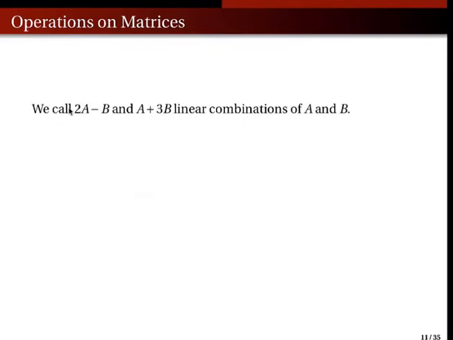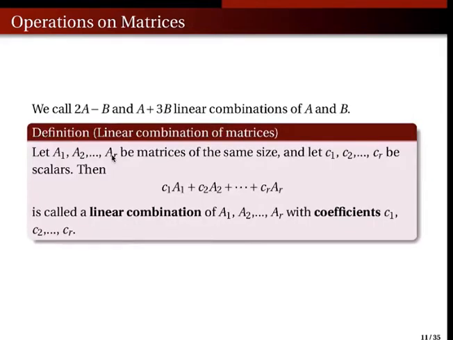Next, we call 2a minus b and a plus 3b linear combinations of a and b. And in general, we have the following. Suppose you have A1, A2 until AR, capital letters A. These are matrices of the same size. And we let C1, C2 until CR be scalars, meaning they are just numbers.